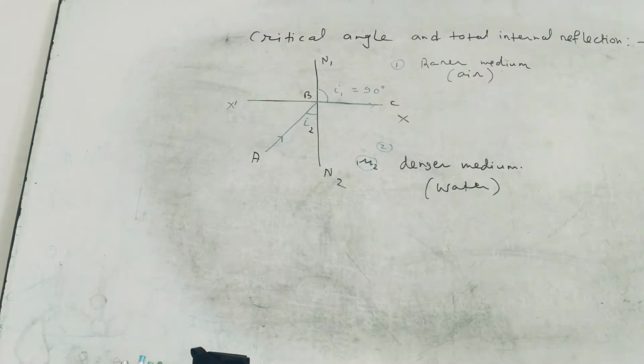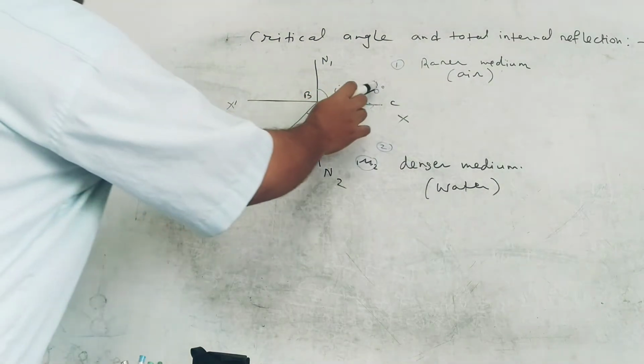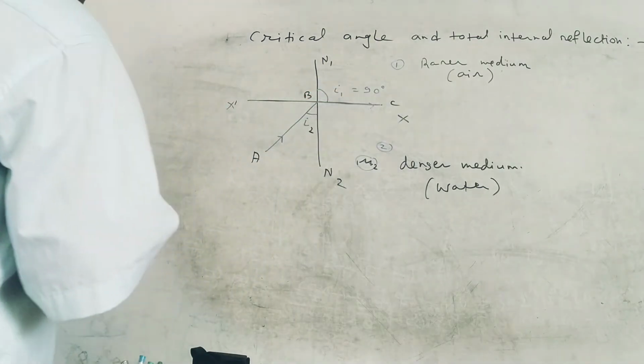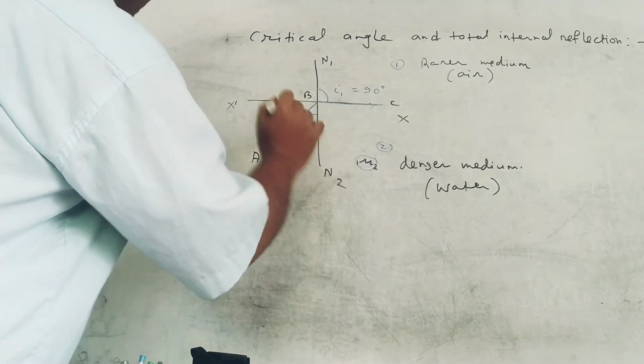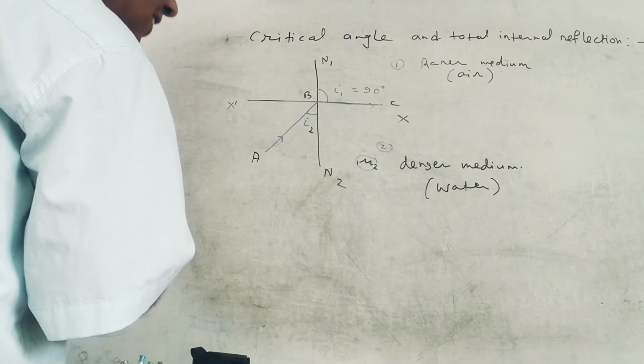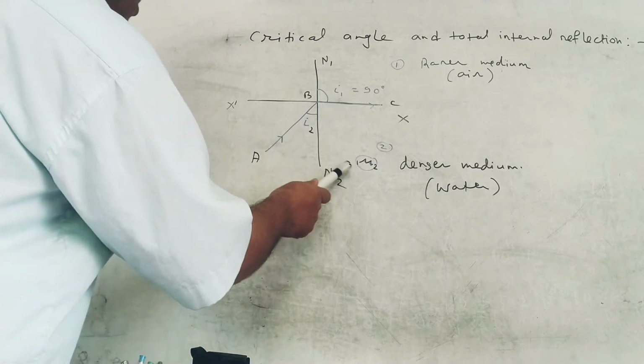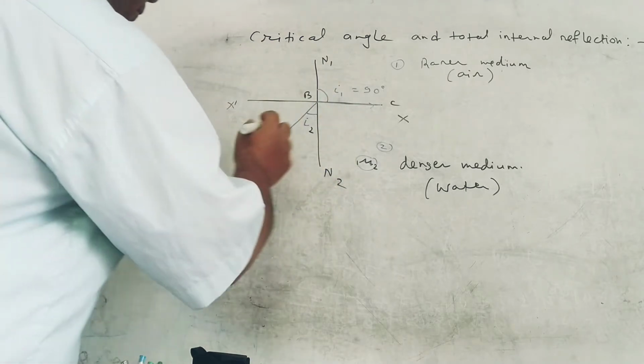When the angle of refraction is 90 degrees, that is I1 is equal to 90 degrees, then the angle of incidence in the denser medium is known as the critical angle of the second medium with respect to the first medium.